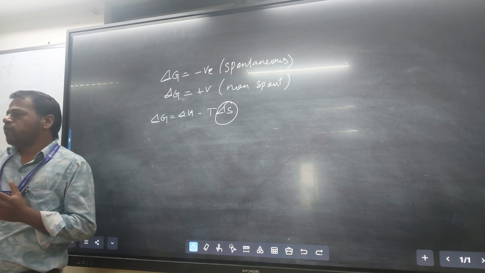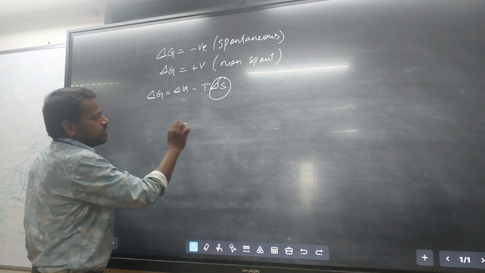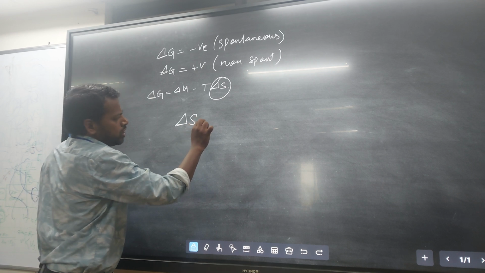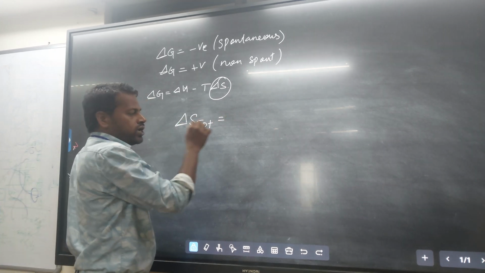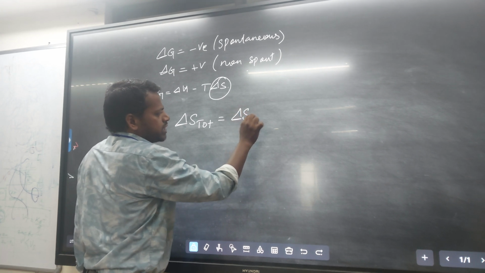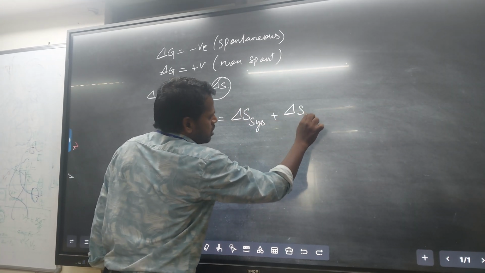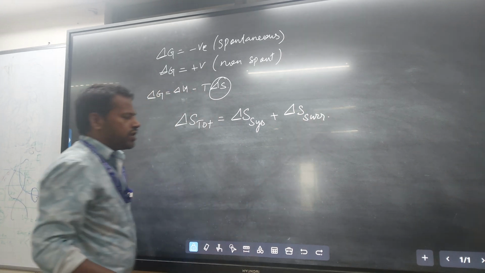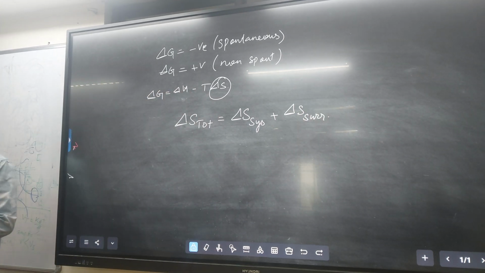The total delta S equals delta S system plus delta S surrounding. When the total delta S is positive, your reaction is a spontaneous reaction.